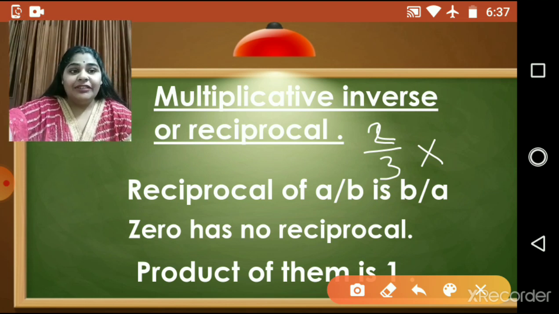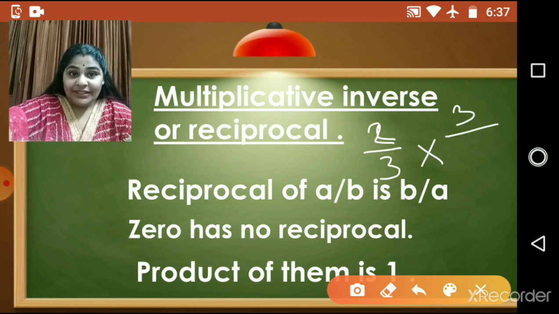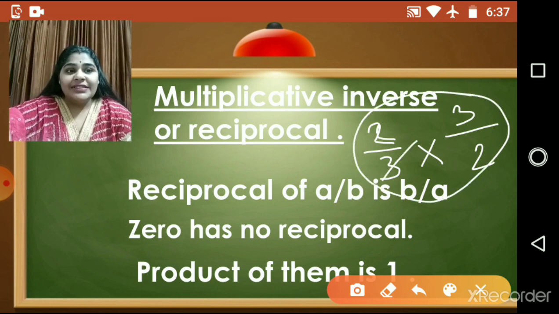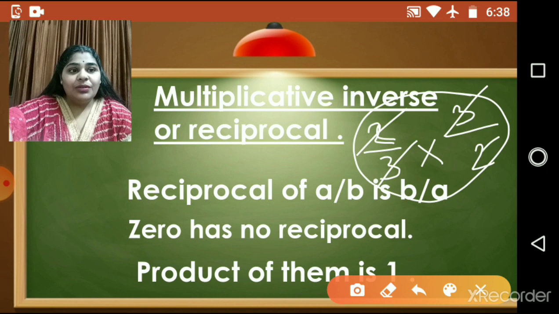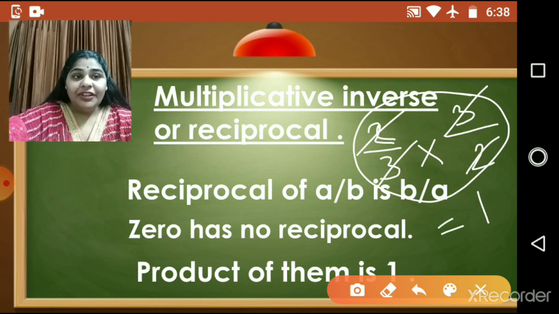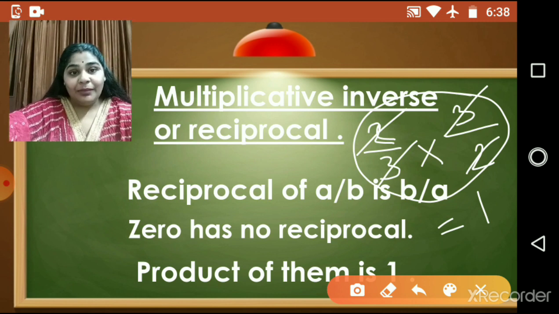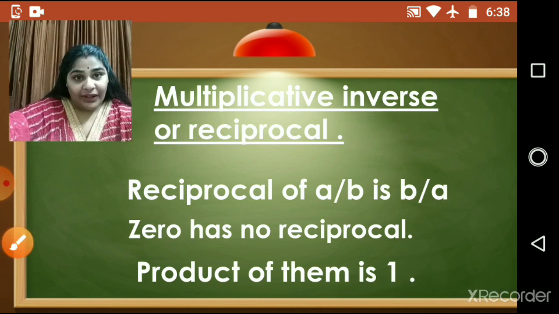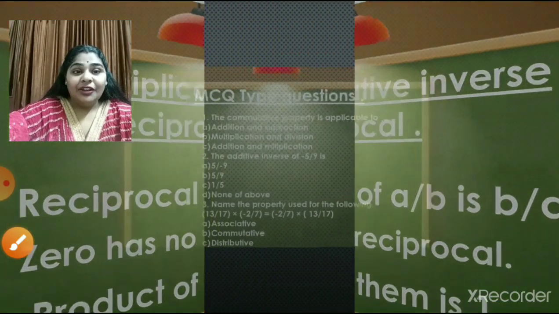So the reciprocal will be 3 upon 2. Now if you multiply this, children, the 3 gets cancelled, the 2 gets cancelled, and we get the product as 1. So whenever you multiply a rational number by its reciprocal, the product is always 1. I hope this is clear.